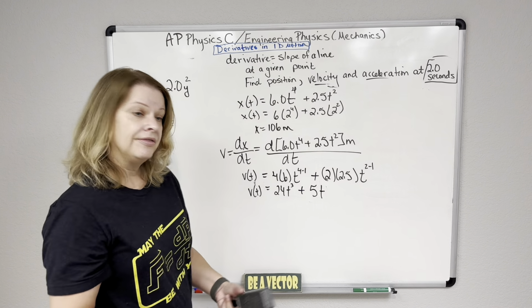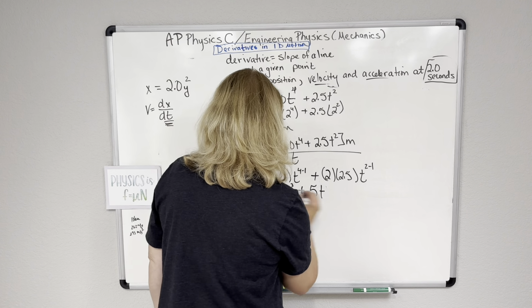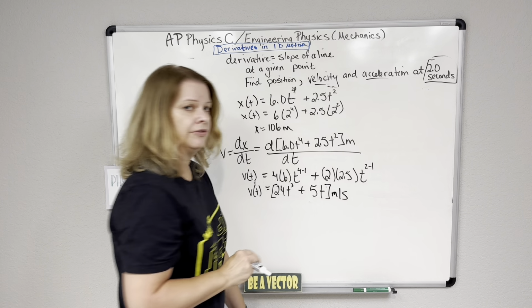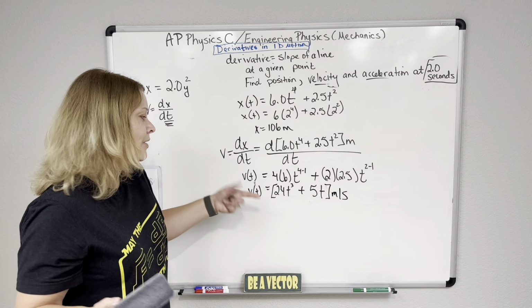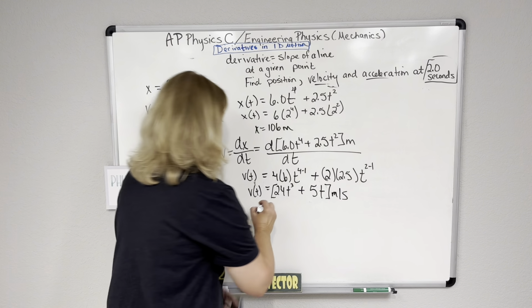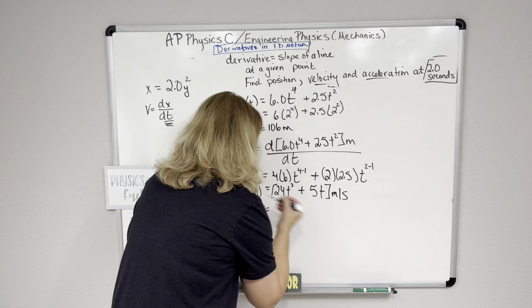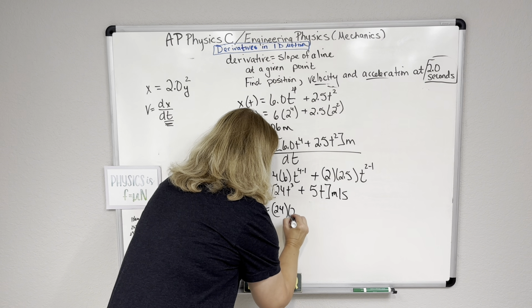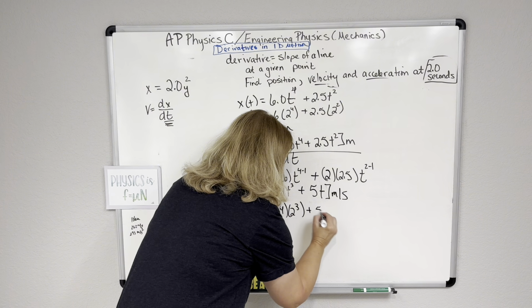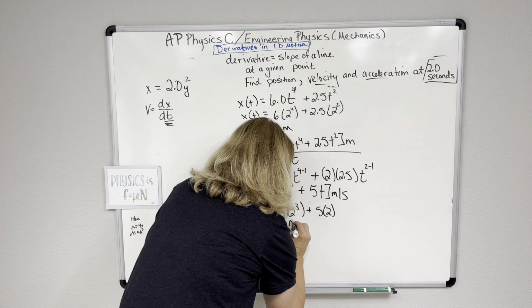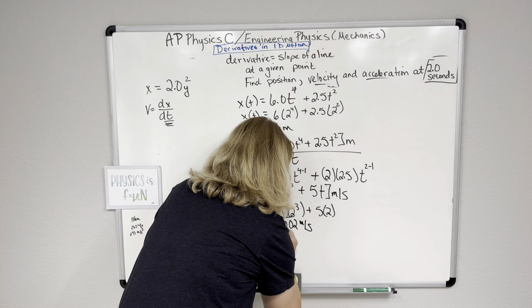Now that is my expression. I'm going to put it in parentheses and put meters per second so that I know my unit. Now all I do is put in 2 for my time to get my velocity. My instantaneous velocity now would be 24 times 2 cubed plus 5 times 2, and that should give you 202 meters per second.